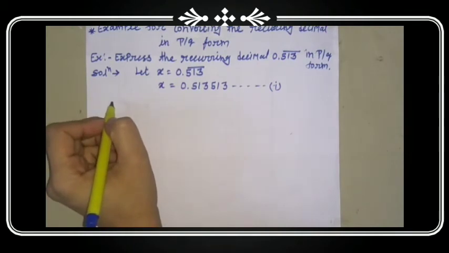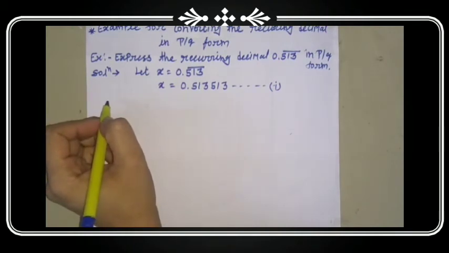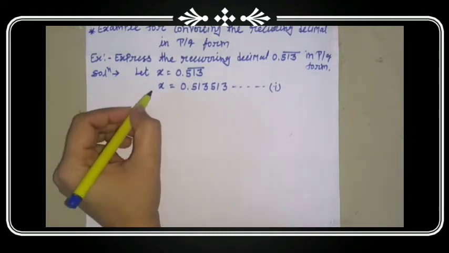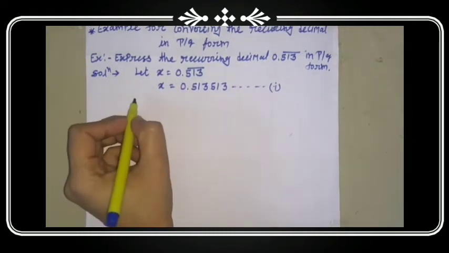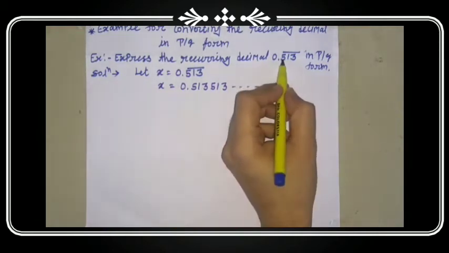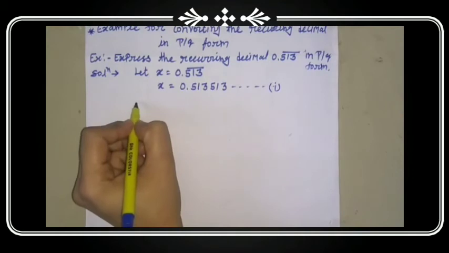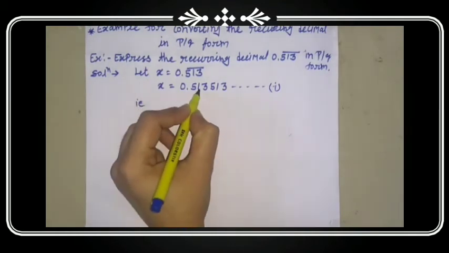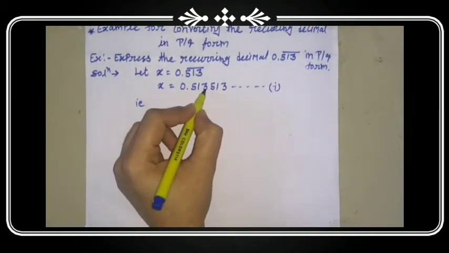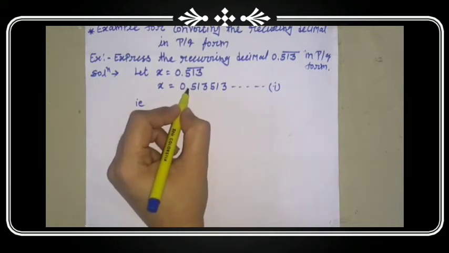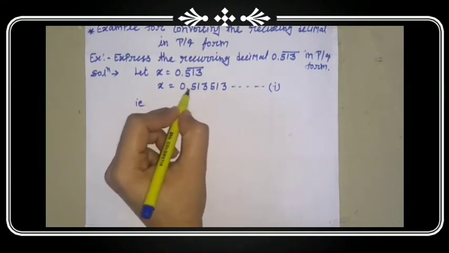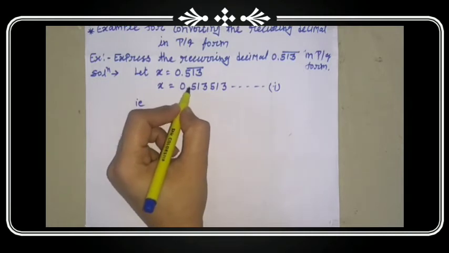Step second: determine how many digits are recurring after the decimal point. There are 3 digits, that is 5, 1, 3, repeating after the decimal point.